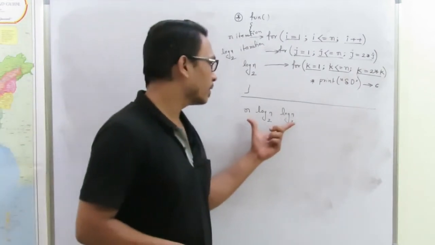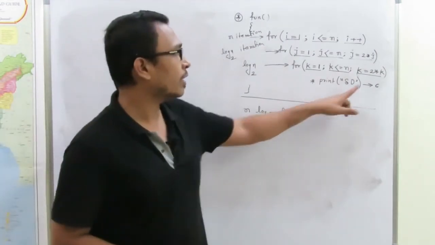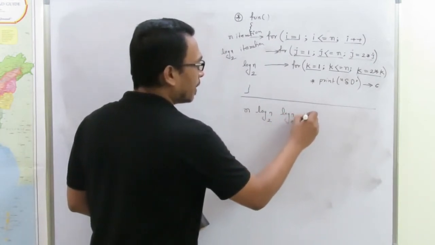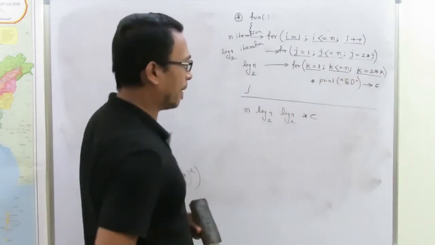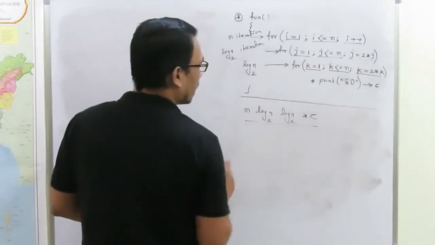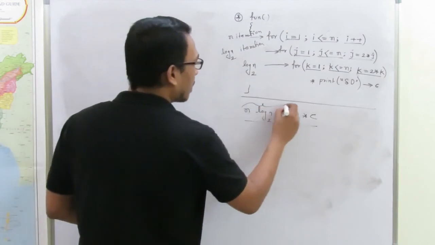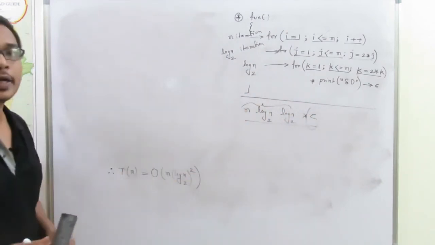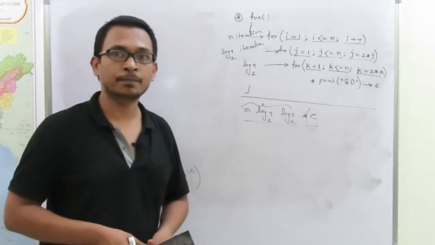Each iteration takes only constant time, so total time will be the number of iterations multiplied by the constant time.